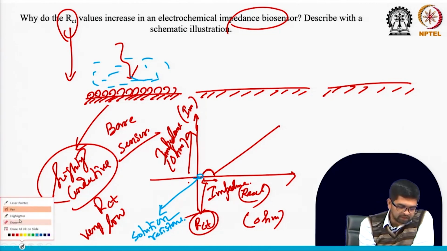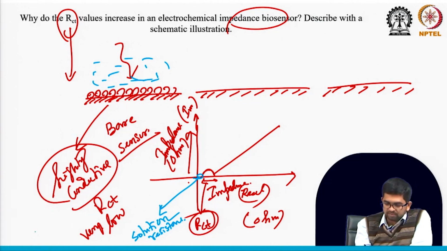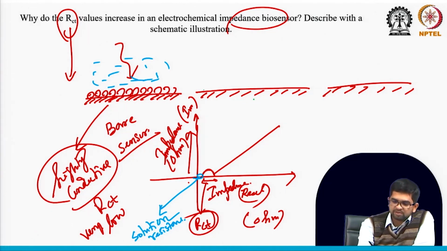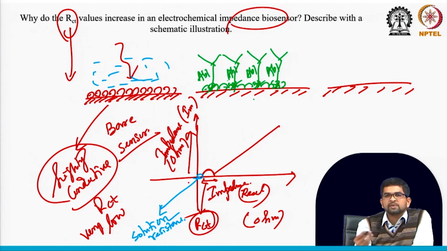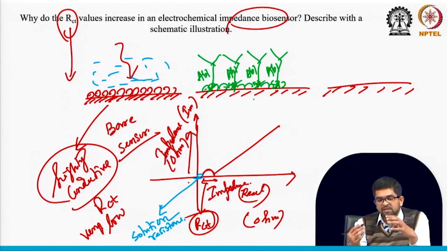Clear? Now, let us come to the second modification. Your sensor surface has nanoparticles, suppose gold nanoparticles, and your antibody is a thiolated antibody. Gold and thiol have a strong interaction, so your thiolated antibody is conjugated on the surface. As this antibody comes, it has some non-conducting behavior with its protein. So definitely your surface impedance value will increase, right?